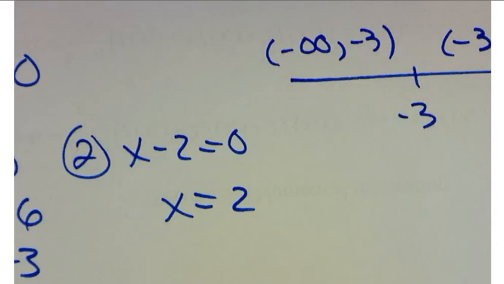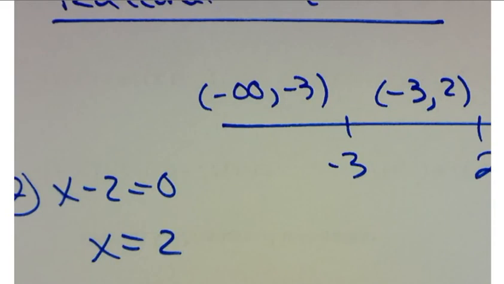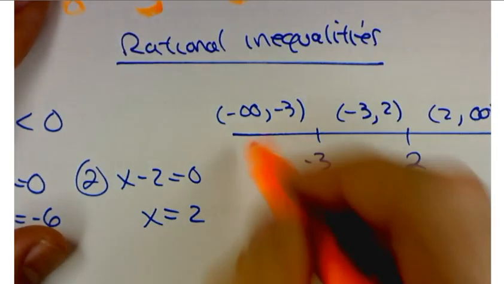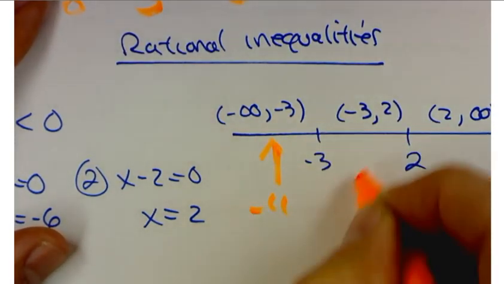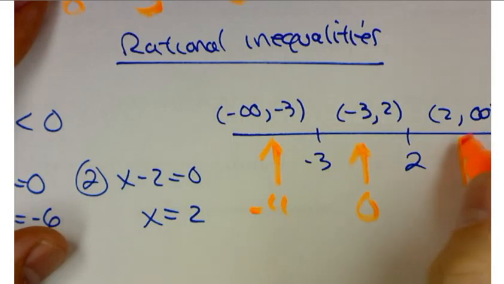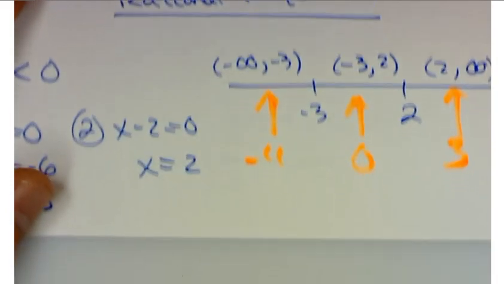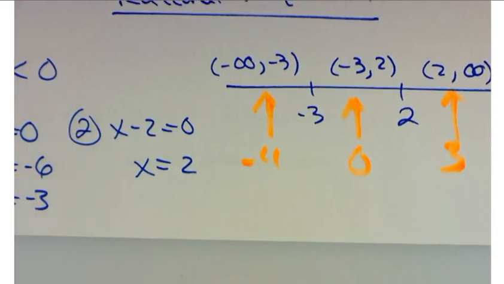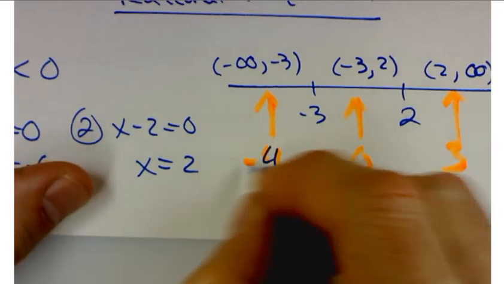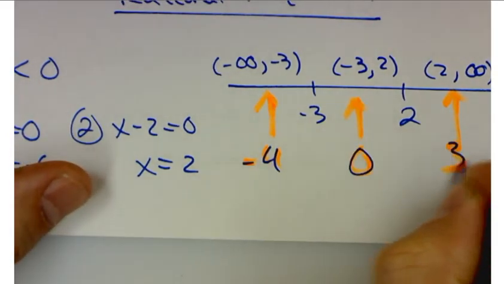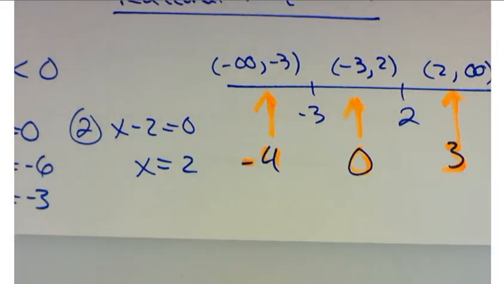I need some test points. Sure, -4, 0, and 3. Those are good test points. So -4, 0, and 3. I'm guessing we're going to get a positive, negative, positive.